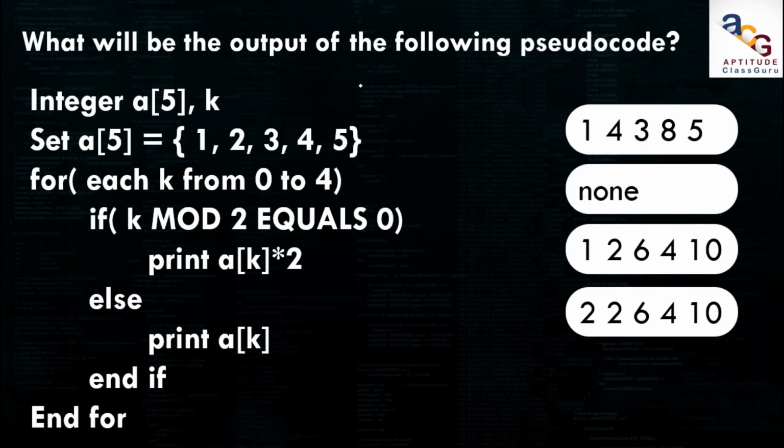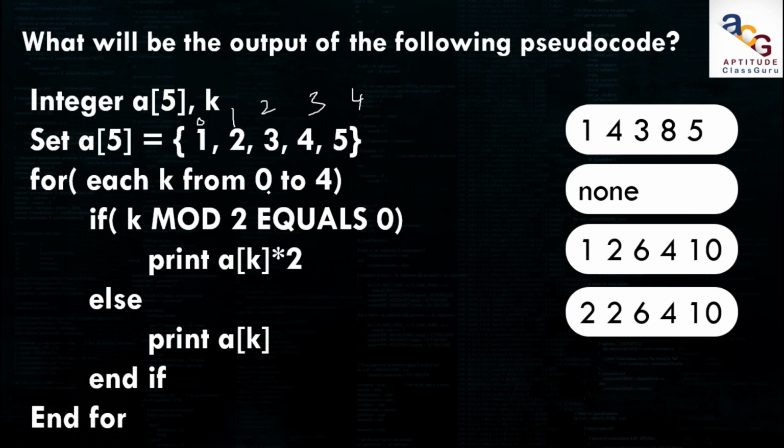What will be the output of the following pseudocode? Integer a of 5, k, set a of 5 equal to 1 2 3 4 5. So the array is initialized with values 1 2 3 4 5, and the index values are 0 1 2 3 4. Don't confuse the array indices, they are very crucial.